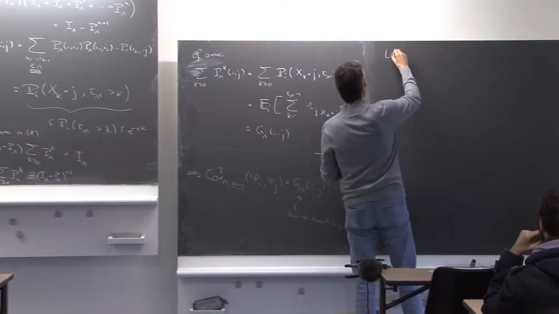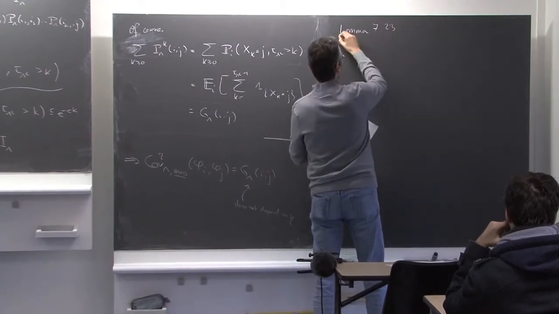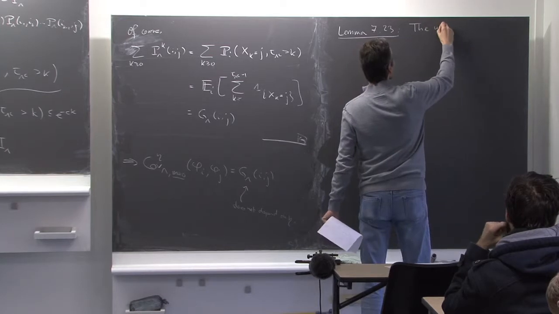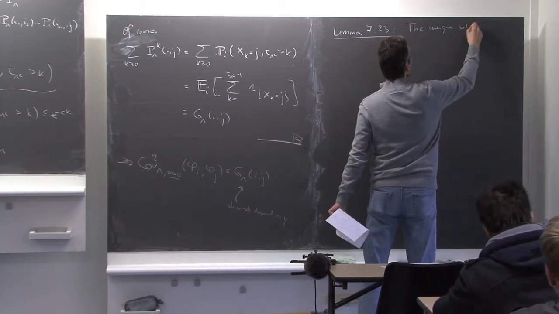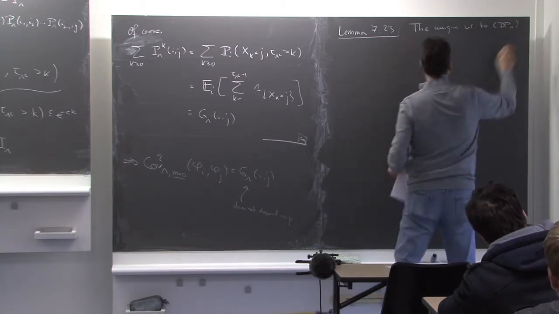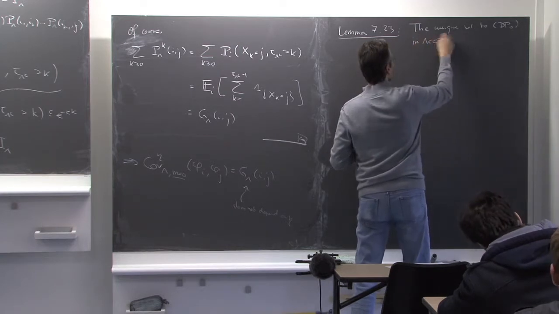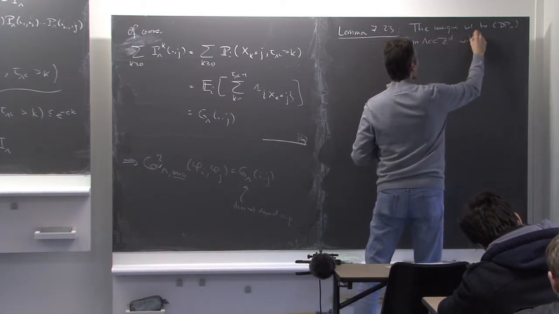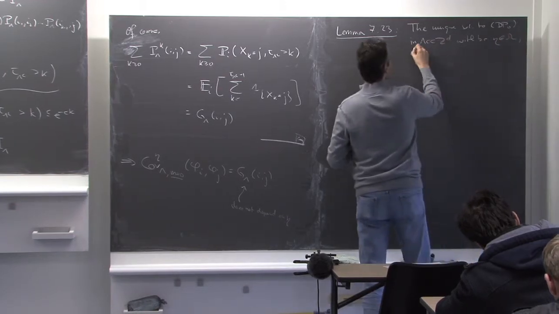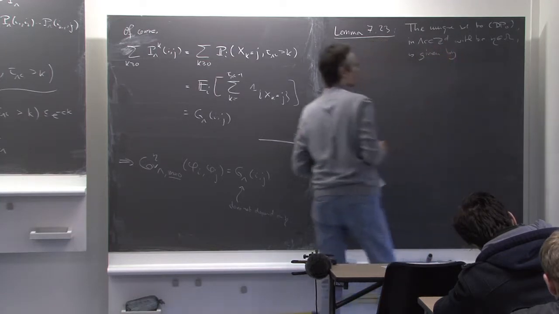So what about the mean? The case of the mean is settled in lemma 7.23. It tells you the following: the unique solution to the massless Dirichlet problem in Λ with boundary condition eta is given by the following expression.